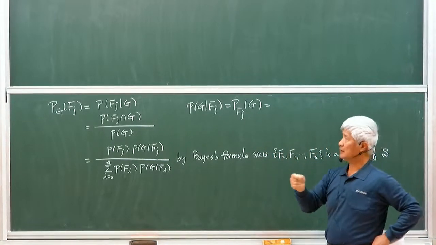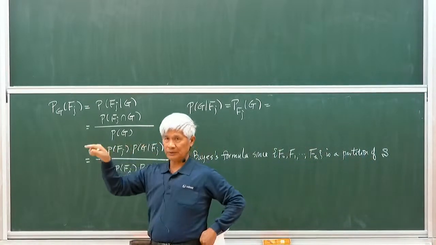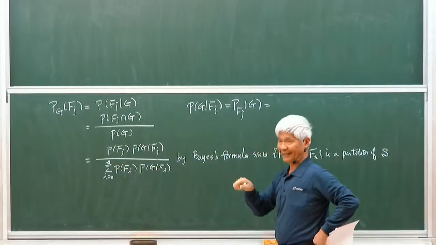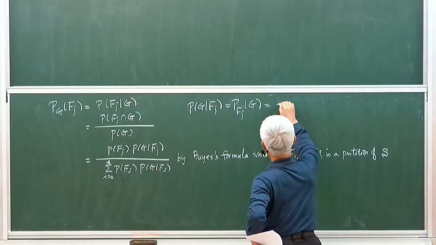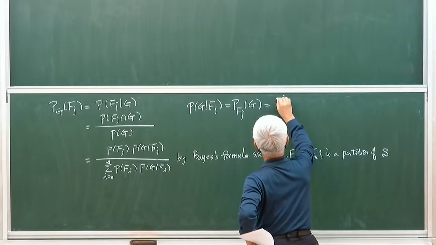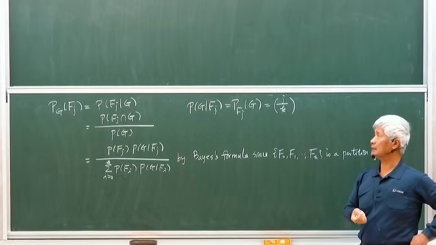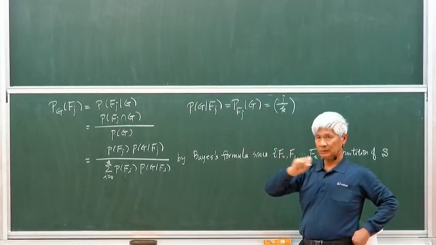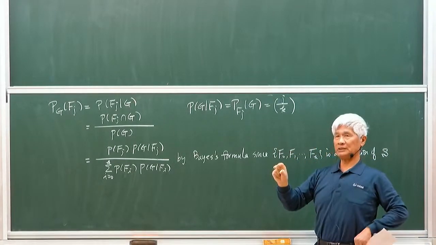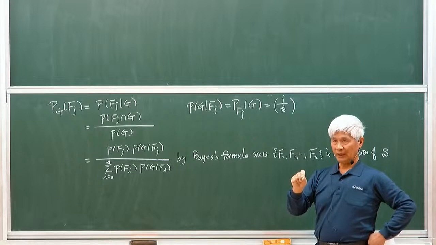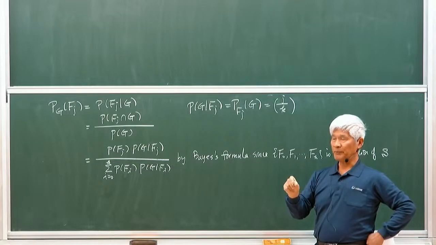G is that the first n flips all result in heads. j over k is the probability that when we flip the j-th coin, a head appears.